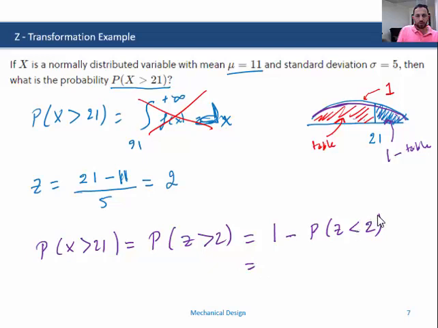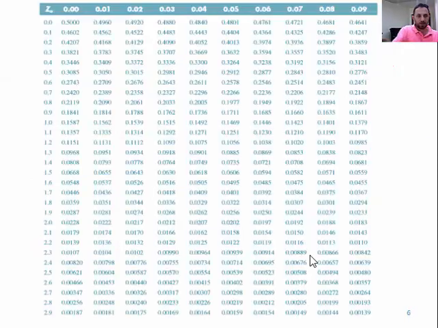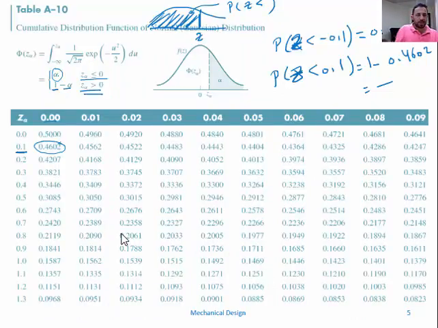Now we want to obtain this probability from the table. For 2.0, it is 0.0228. And remember, z is positive, so we need to subtract from 1: 1 minus the value on the table.